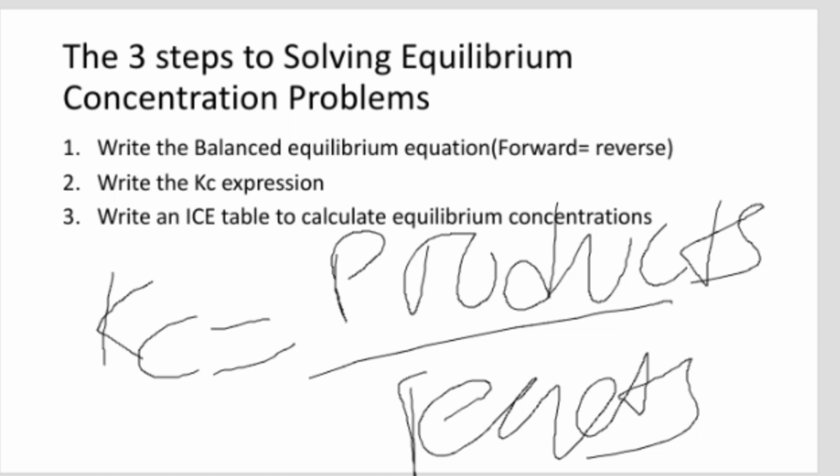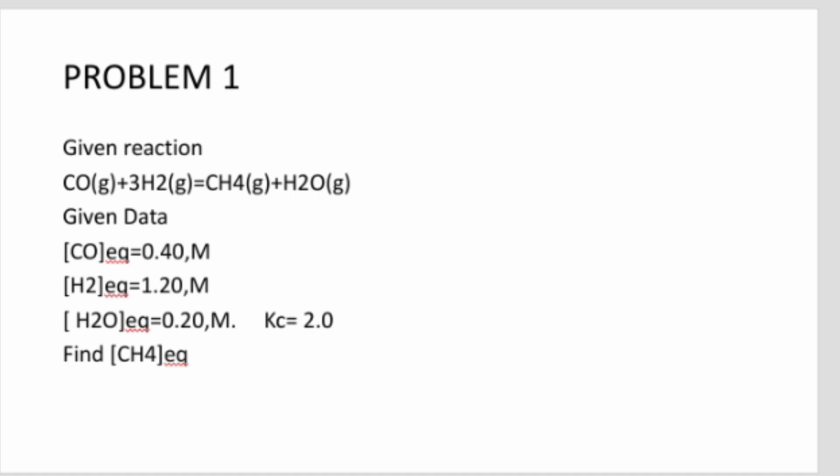So the first example we are going to do is that one. Given a reaction, we have carbon monoxide and hydrogen reacting to produce methane and water. We have been given the concentrations at equilibrium of carbon monoxide, hydrogen and water, but we have not been given it for methane.